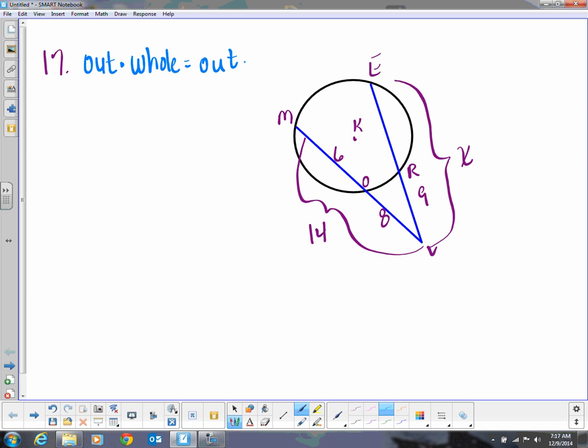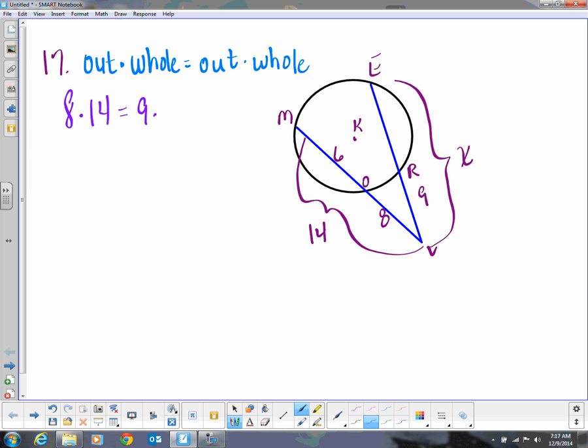Outside times whole. Do you need to know this? If you don't know this, will you miss questions? So let's work on the bottom part. What is the outside? 8. What's the whole? 14. What's the outside on the other segment?